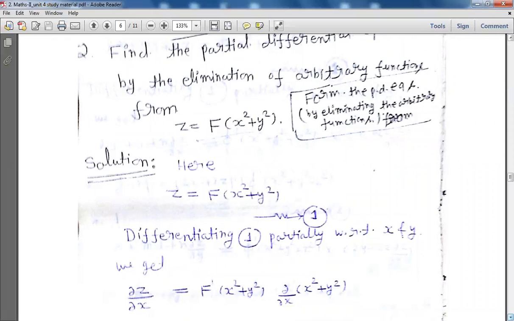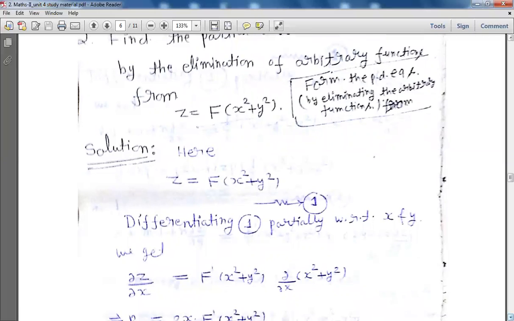To constitute the partial differential equation, you will eliminate the arbitrary function. So we first write the given relation as z equal to f of x squared plus y squared, represented as equation number 1.